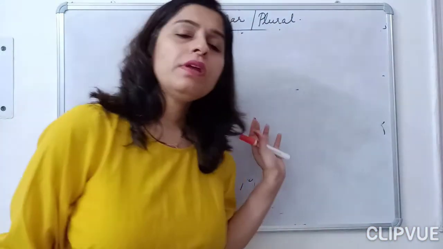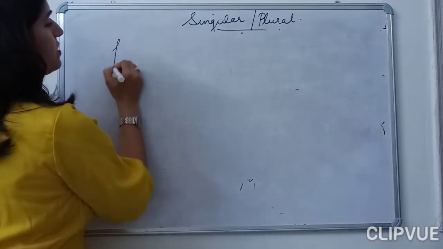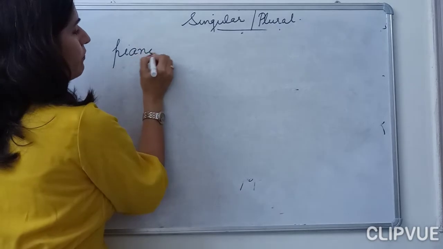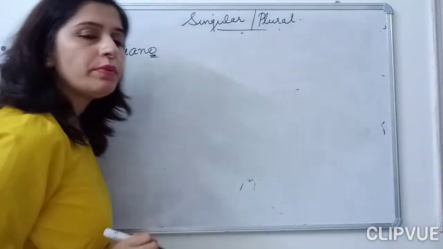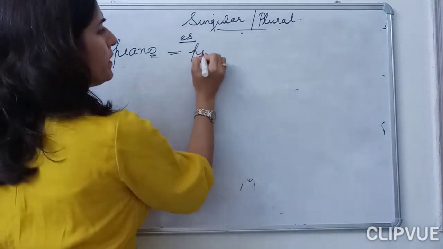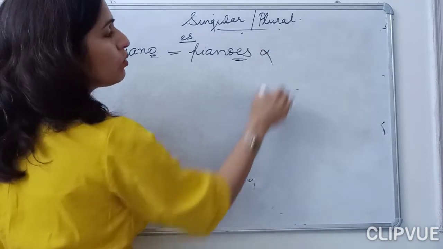Now children, there are a few exception words, like piano. You will say, ma'am, it is ending with O, so we will be adding ES to it. So will the spelling of piano be pianoes? Is this correct? No, this is wrong.